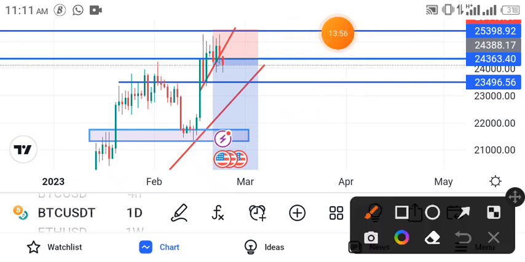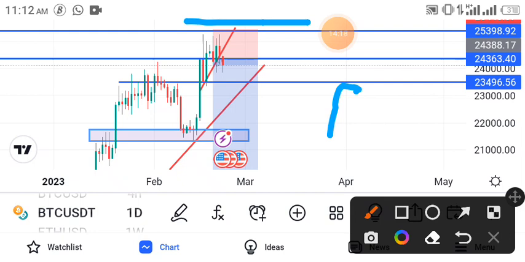So I think it's high time we should enter. Set your stop loss above here, above this resistance, and then you allow the market to play out.